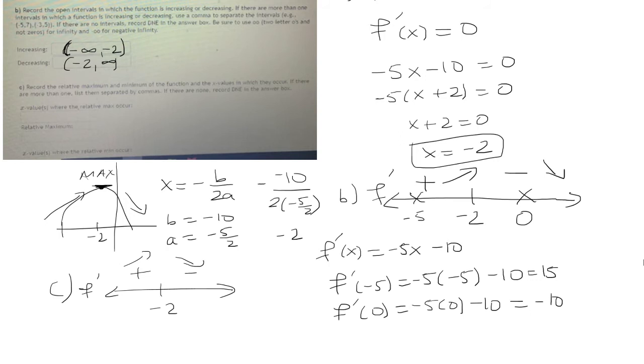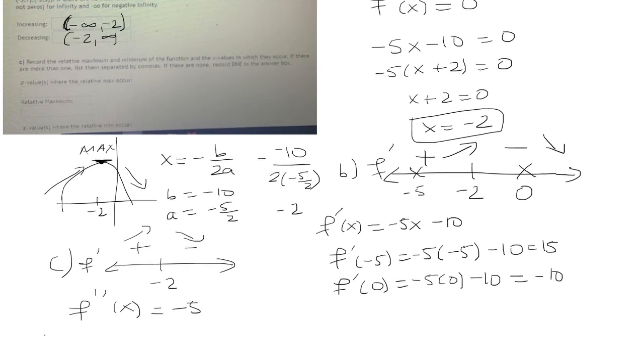What if we use a second derivative test? So for the second derivative, the second derivative is negative 5, right? So if I plug in my critical point of negative 2, I still get negative 5 because the second derivative is always equal to negative 5, no matter what you plug in.